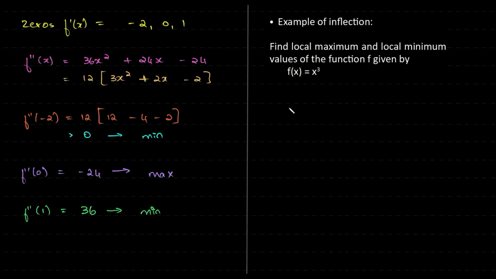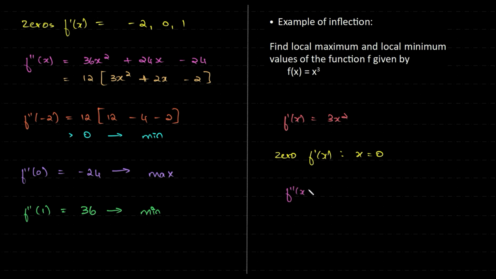Let me do this. So f prime of x is equal to 3x square, then the 0 of f prime of x is x is equal to 0 itself, right? So this is when f prime of x will be 0.